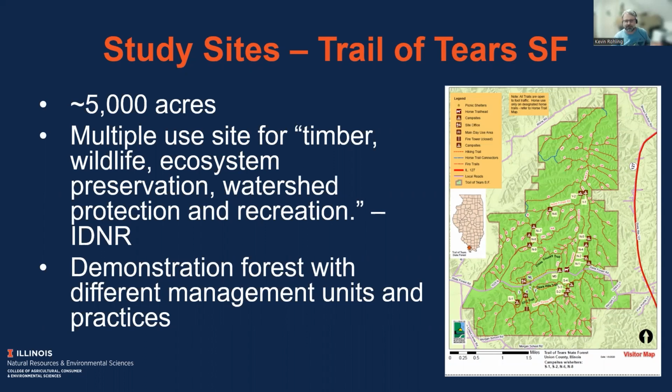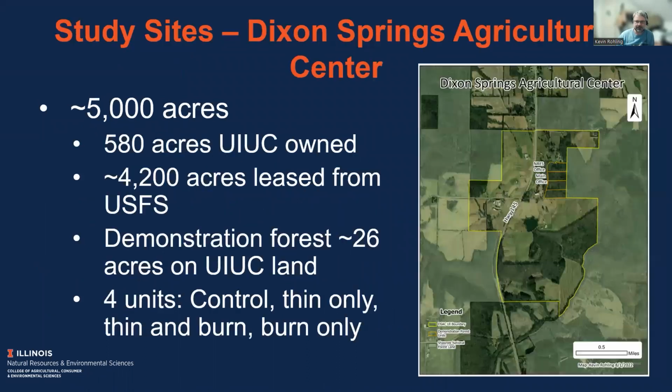This forest only recently began to be managed in terms of some of those practices I already discussed. Going back a few years now, they started with some timber harvest, also some tree thinning, and prescribed burning in different units. So we're going to be looking at those different units there.